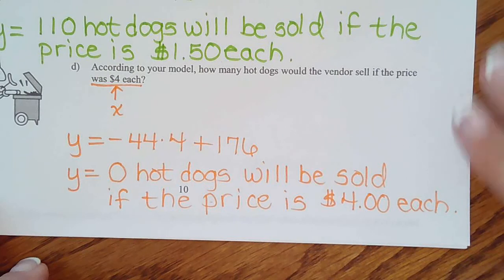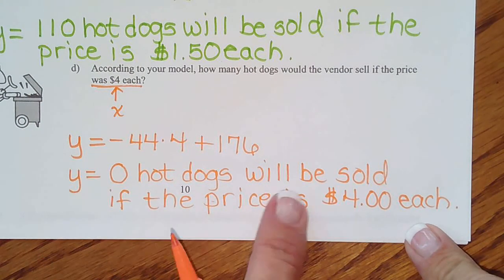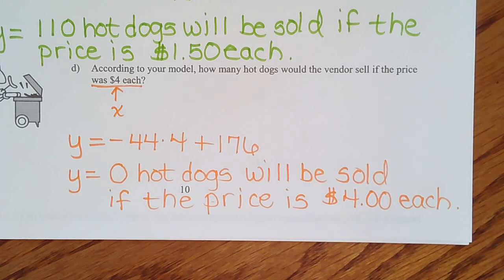So when we plug it in the calculator, it gave us 0, so that means 0 hot dogs will be sold if the price is $4 each. And there you have it. That's it for 2.2. So in the next video, we will start 2.3.